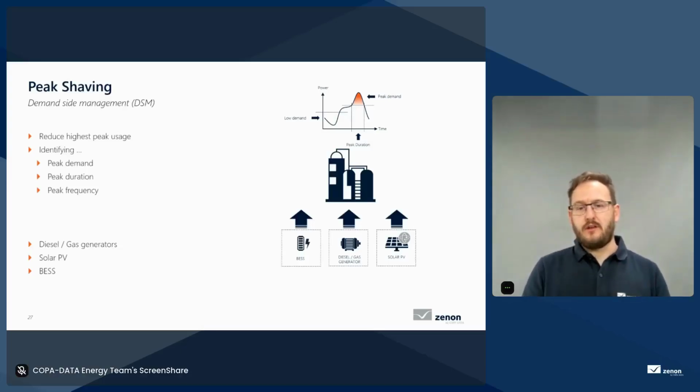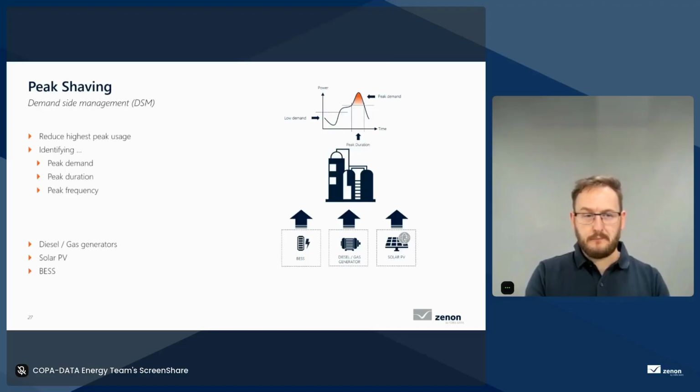Do I have a chance to recharge my battery to then alleviate my peak demands in the future? So as to flatten my supply curve even more, leading to a more secure supply.